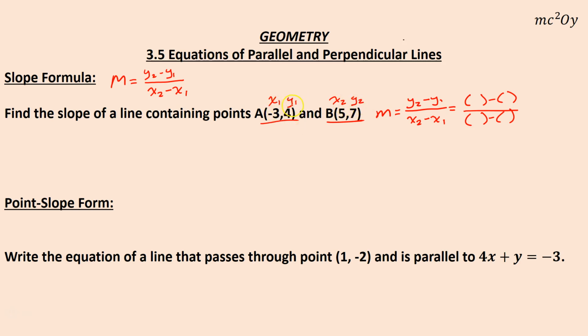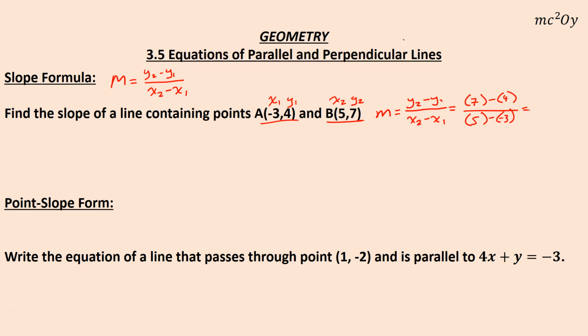Our first x value and our first y value, our second x value and our second y value. We're just going to substitute those in. So we have y2 right over the top of x2. So 7/5. Okay, and then y1 right over the top of x1. So 4/-3. It's just a quick and easy way to put it into your equation there.